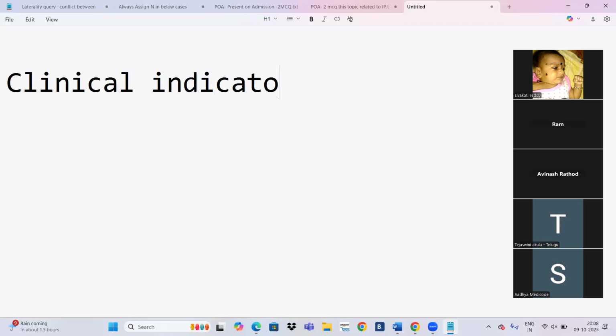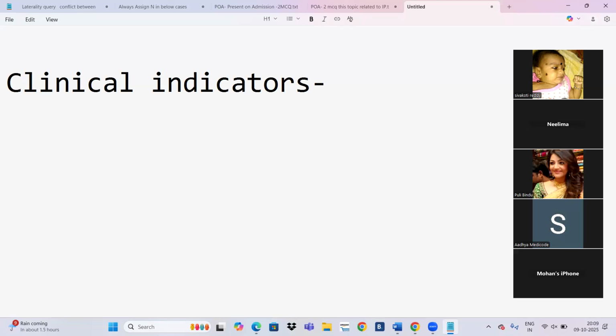So, up to clinical indicators we discussed. What is the meaning of clinical indicators? Signs and symptoms, and not only that, diagnostic and therapeutic options of a particular condition: medication, diagnostic studies like labs, X-rays, everything comes under clinical indicators.